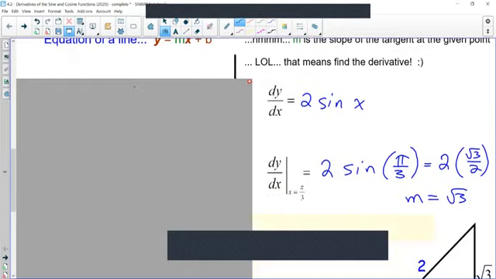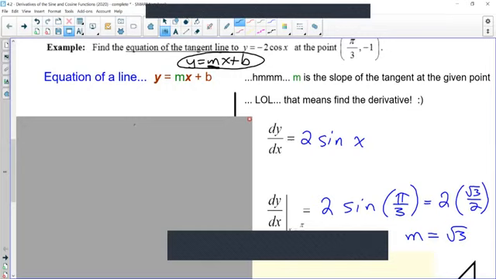The tangent slope is determined by finding that derivative when x is equal to pi by 3. So here we have the derivative function, the derivative of negative 2 cos x. Again, if you're wondering where the negative went, the derivative of cos x is negative sine x, and the two negatives then produce a positive for the 2.